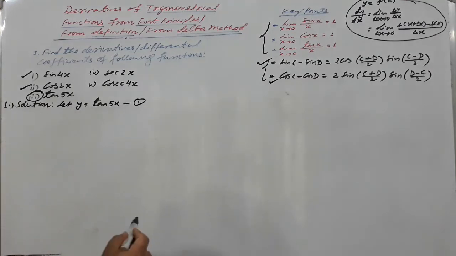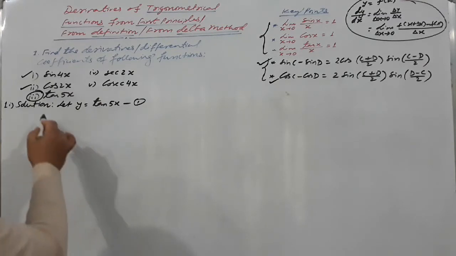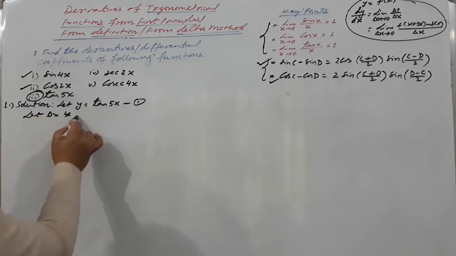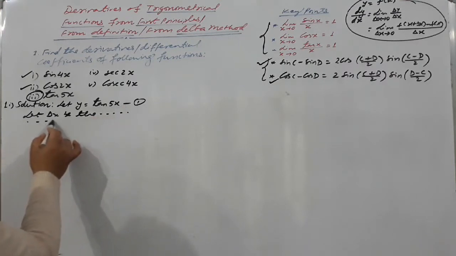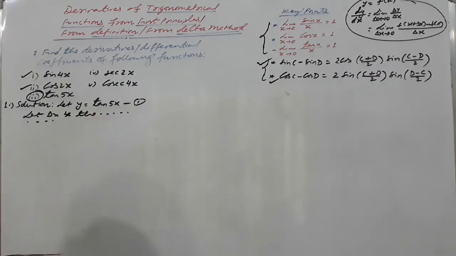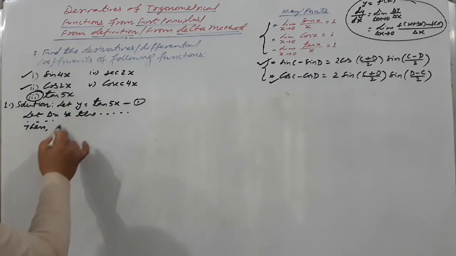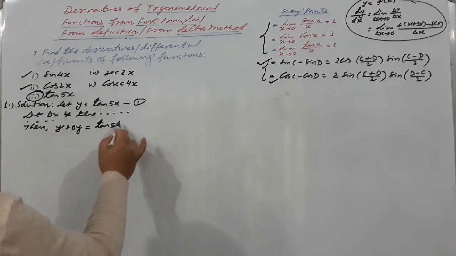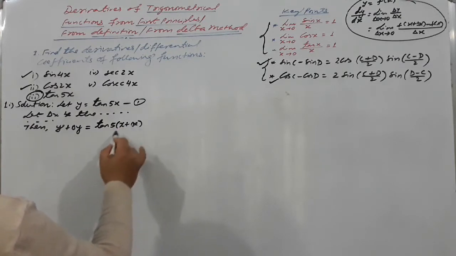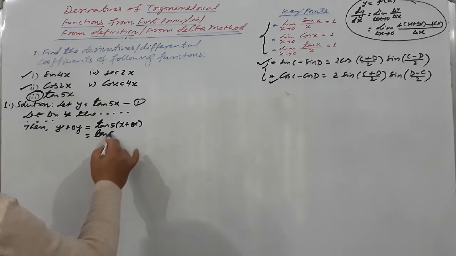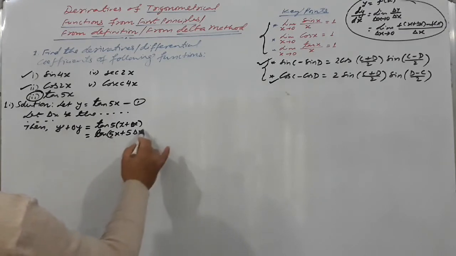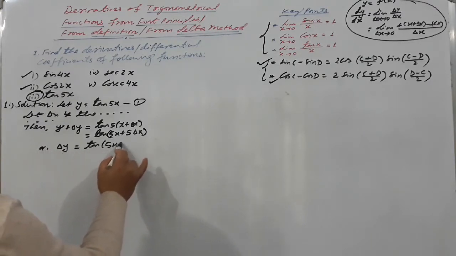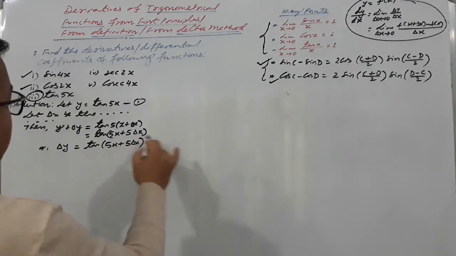If you are doing from first principles, then definitely you will write down here let delta x be the same as I have written for the first question, so I'm not writing it again. y plus delta y after increment is tan of 5 times x plus delta x, which becomes tan of 5x plus 5 delta x, or delta y is equal to tan of 5x plus 5 delta x minus y.